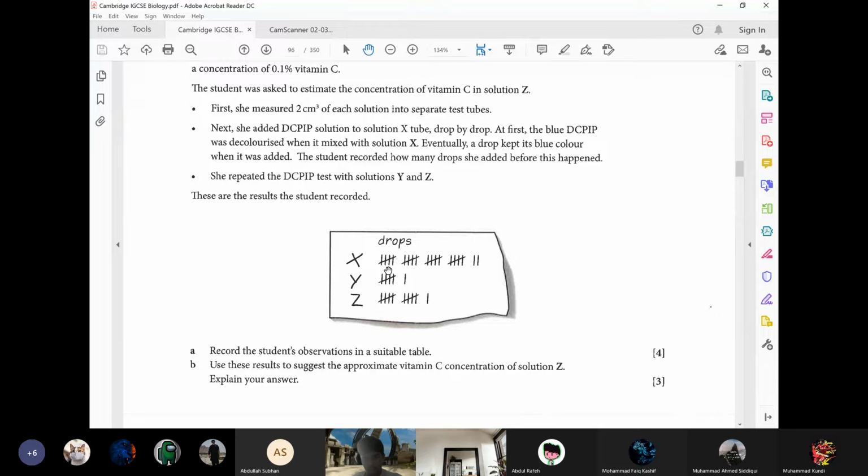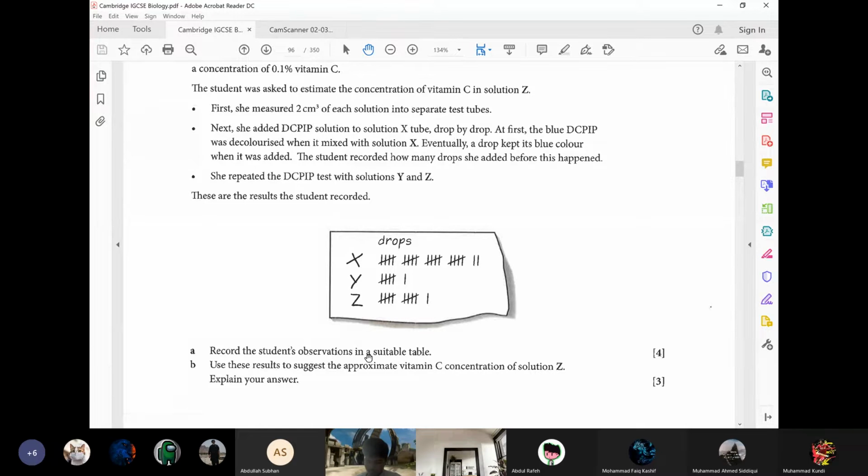It means total 5, right? So when you make 4 lines and cross the 5th line, it means 5. Understand? Now you see this is again 5, again 5, again 5, and then 2. So this is 22. This is 5 and 1, 6. This is 5, 10, and 1, 11.